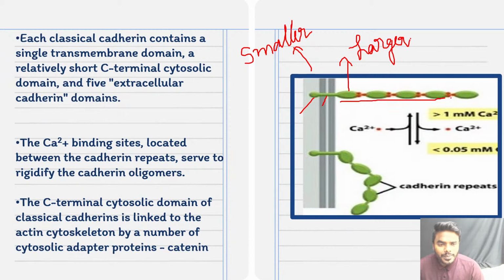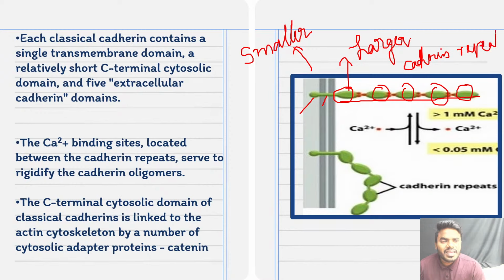Friends, you can all see this diagram. This is the extracellular domain, right? And what do we call all these, friends? Listen to me very carefully. We call all these cadherin repeats. The extracellular domain consists of many cadherin repeats. Everyone remember, one cadherin repeat is associated with another cadherin repeat with the help of calcium.